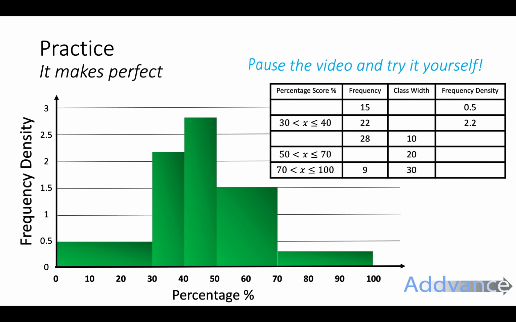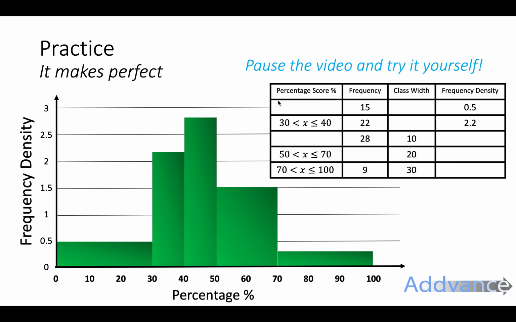Okay, so make sure you are happy with all the steps in today's video. I've got a practice question for you to try here, where you've got the histogram drawn over here and all the information in the table over here. Most of the information in the table is quite straightforward. You don't have to worry too much about reading the histogram too closely.